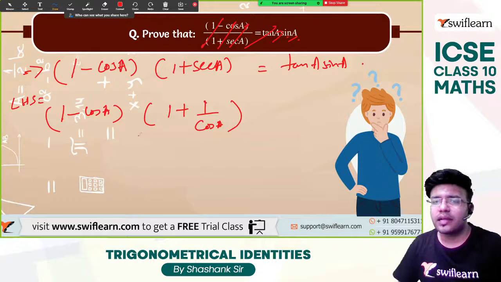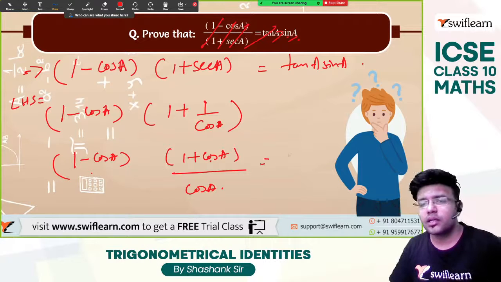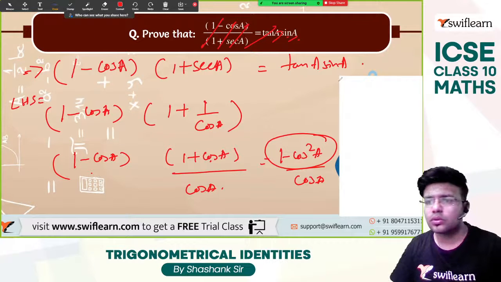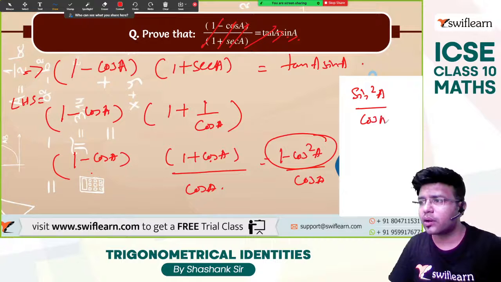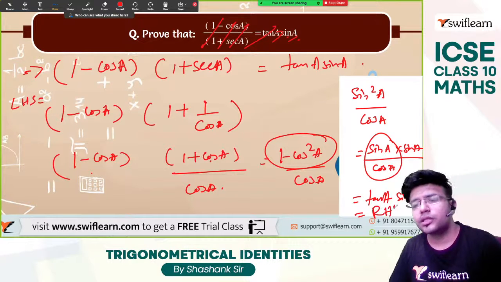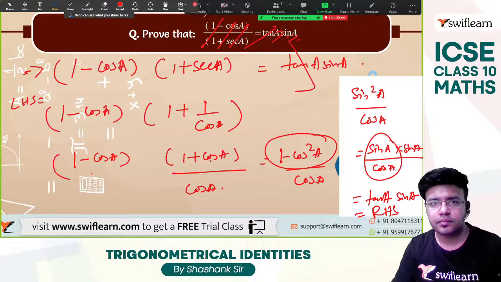Now take the LCM, you get (1 minus cos A) into (1 plus cos A) divided by cos A. So A minus B into A plus B is A square minus B square: 1 minus cos square divided by cos A. 1 minus cos square is equal to sin square. So sin square A divided by cos A. Let's take sin square as sin A into sin A divided by cos A. Sin A by cos A is tan A. So tan A into sin A, which is equal to RHS, hence proved.